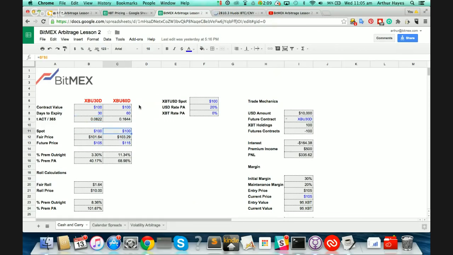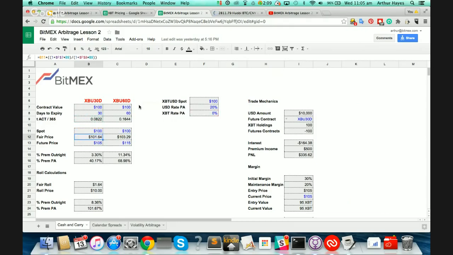And the first thing that we need to compute is the fair price of our futures contract. Now we'll go over here to this tab. And let's assume that our per annum borrowing rate for US dollars is 20%. And Bitcoin has no value in terms of lending or borrowing. Now, using the covered interest rate parity formula, which we discussed in lesson 1, you just do F2, you'll see the formula here.